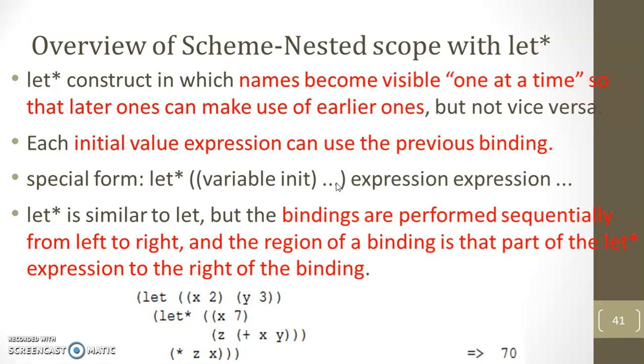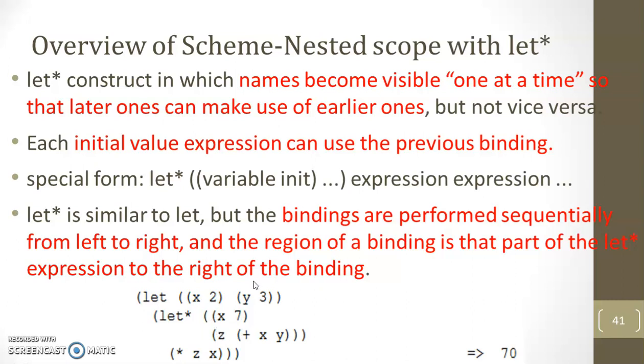The special syntax is let star, variable initialization, followed by the expression. It is similar to let, but it differs in the case of binding. Bindings are performed sequentially from left to right, and the region of binding is that part of the let star expression to the right of the binding. Region of binding means it belongs to the same scope.